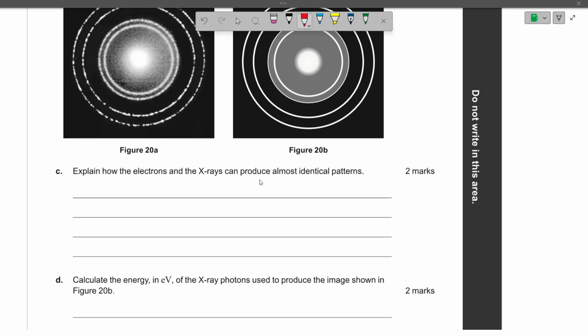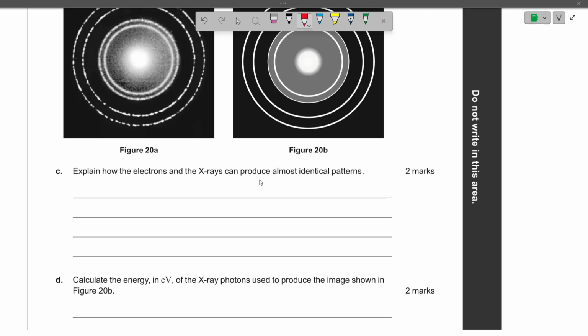Now, how much diffraction is occurring is a result of the wavelength of the thing that is diffracting. So if they're producing the same pattern with the same spacings, then we can conclude that the X-rays and the electrons must have the same de Broglie wavelengths to diffract in the same way. Okay, so how you want to phrase that is up to you.